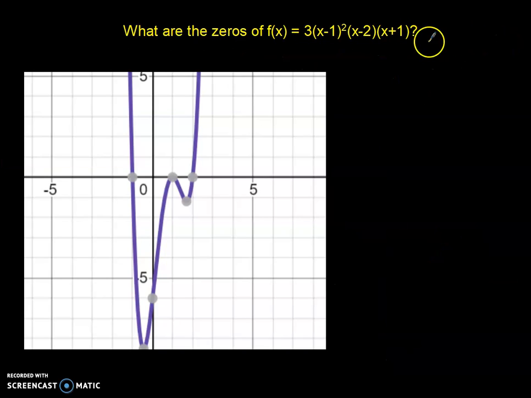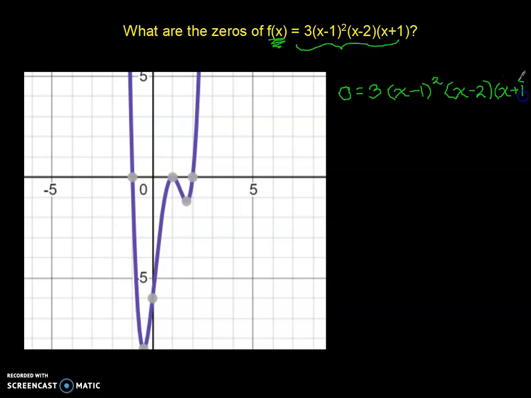Now, from here, I'm going to give you a function, and it's asking for what the zeros are. So keep in mind that if you have a function that is already factored, you can set the other side equal to 0, which is the y, and this is what's known as the zero product property. So I'm going to write my function out exactly as I see it.